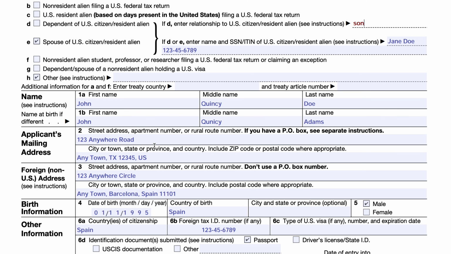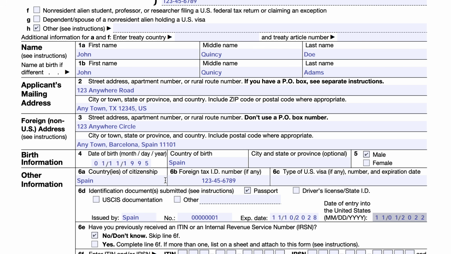In line 2, you'll enter your address with your street address, apartment number. In this case, our hero John Doe, he was born John Quincy Adams, and he lives in a fictional town called Anytown, Texas, and his foreign address is a fictional town in Barcelona, Spain. So we've put both addresses there.